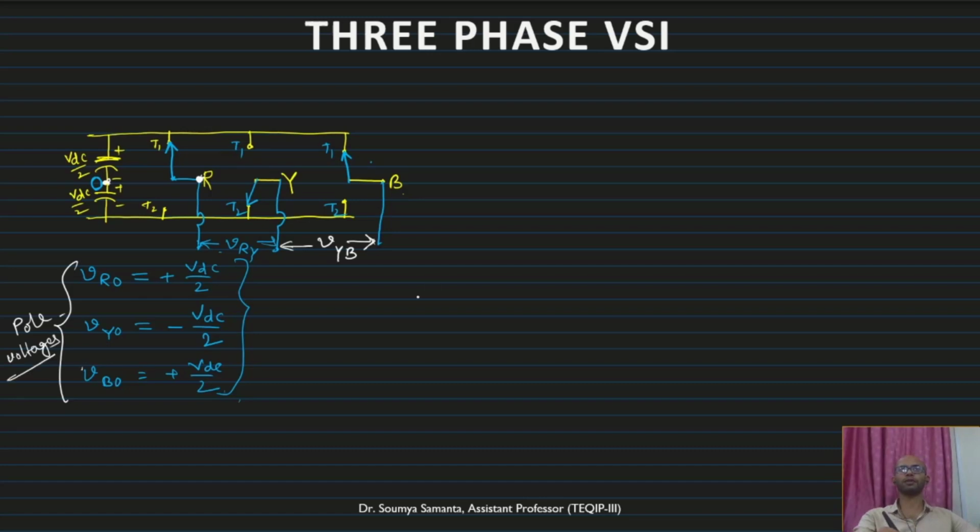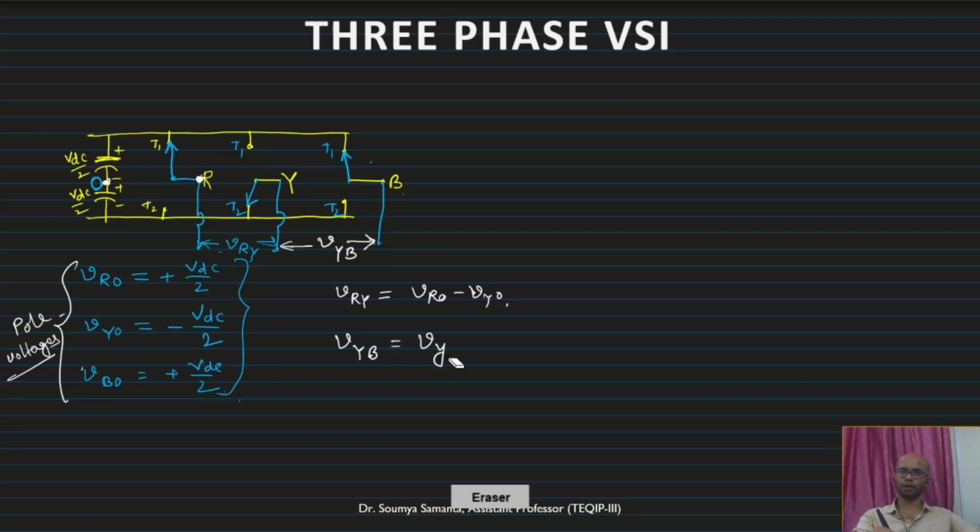Now we will find out the line voltages. Suppose VRY: this will be VRO minus VYO. Now VYB is equal to VYO minus VBO.